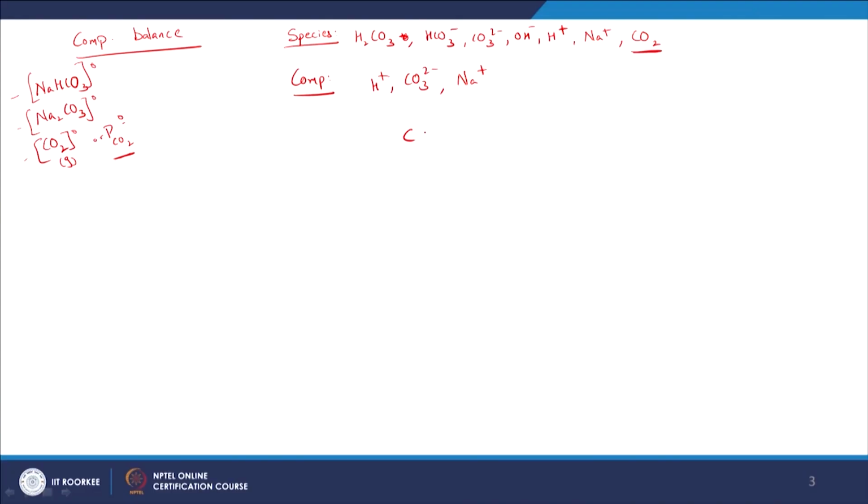So here, what am I trying to form? I am trying to form CO2, and it should be 2H plus plus CO3 2 minus minus H2O equal to CO2, and these are my formation equations. So 2H here, and I am going to subtract that here, and H2O, CO3 2 minus.